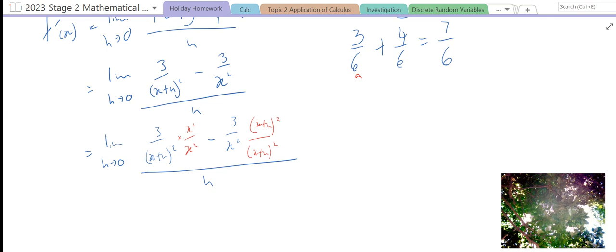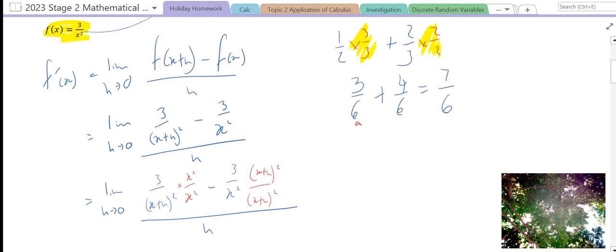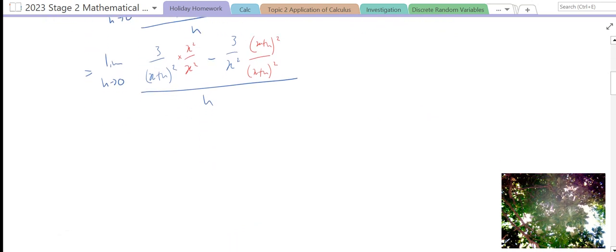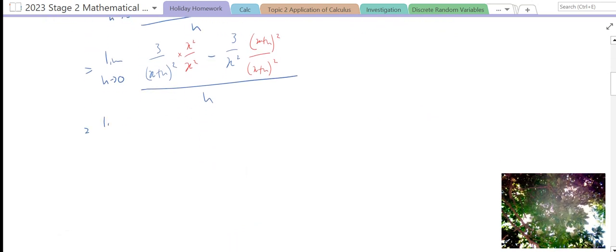So what I've done is I've multiplied by 1, exactly the same as I did with the real numbers here. And that will give us a common denominator.